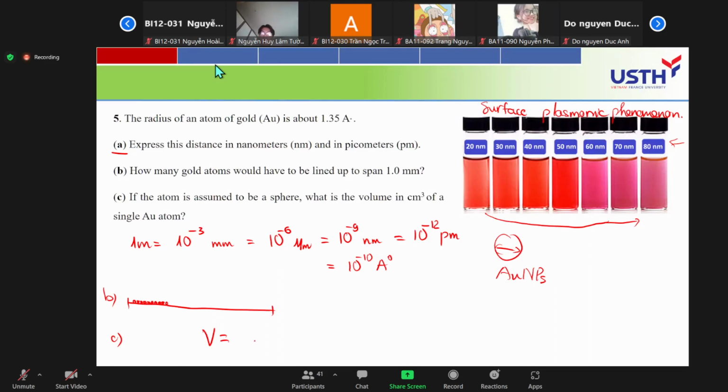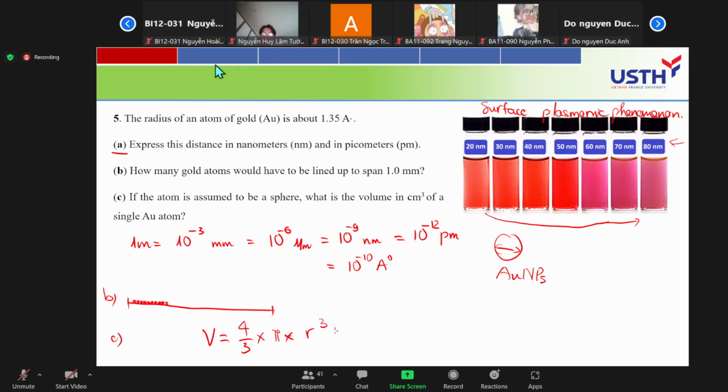How can you calculate the volume of a sphere? The volume of a sphere is equal to 4/3 multiplied by pi multiplied by the radius cubed.